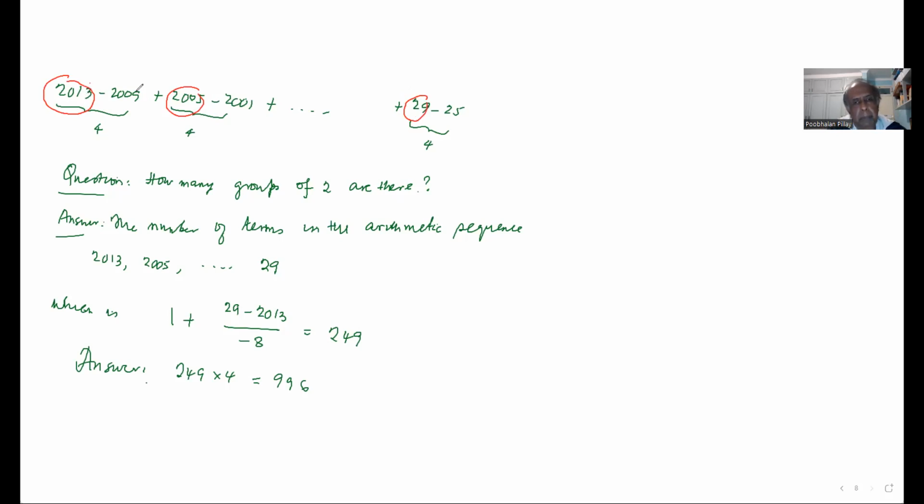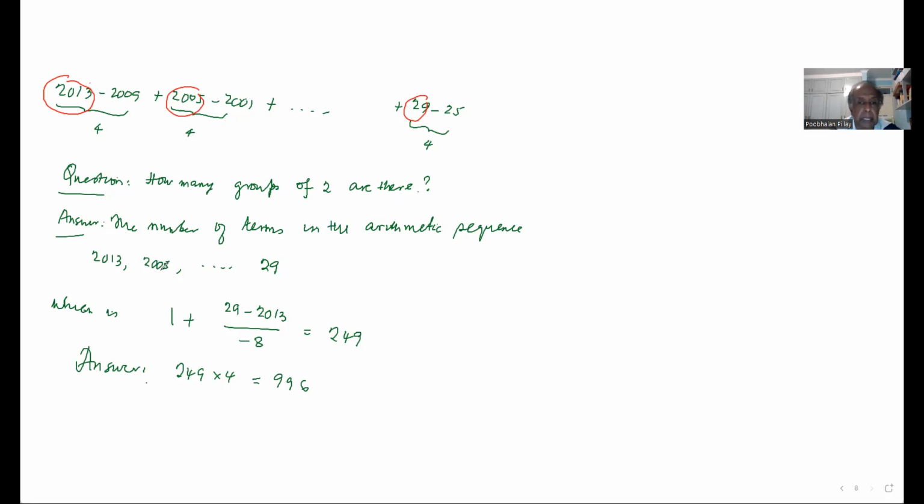So you want to know how many numbers are ringed in red there. That becomes the sequence 2013, 2005, all the way up to 2009, and you want to know how many terms there are in this sequence. But this sequence is arithmetic, because it's decreasing by 8 all the time: 2013, 2005, and then the next one will be 8 lower than that.